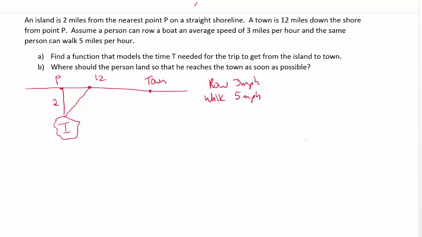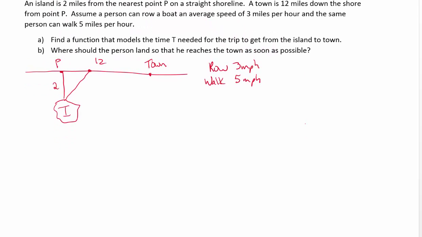Okay? So, how do we find time? Well, we've got some distances going on in this picture, and we have some rates given to us in the problem. So, think about the relationship between distances and rates. We know that distance equals rate times time. So how would you find the time if you knew the distance and the rate?